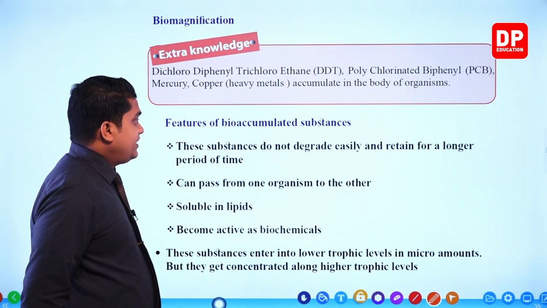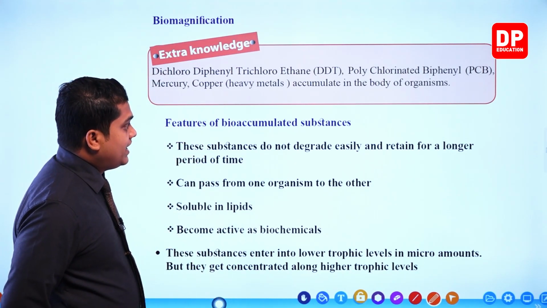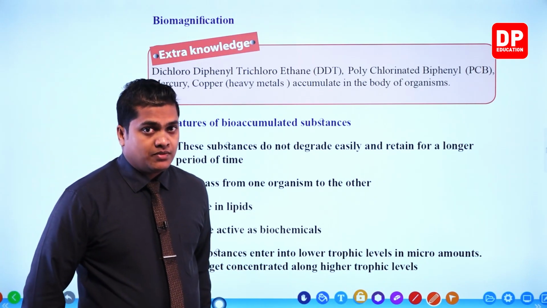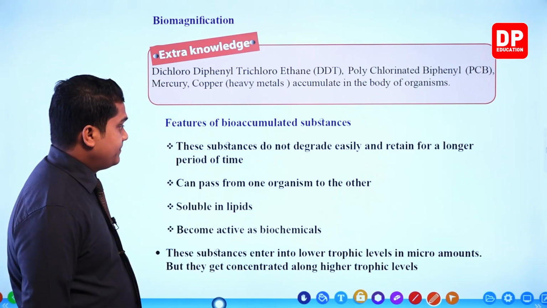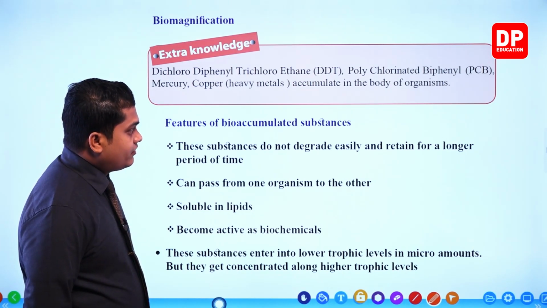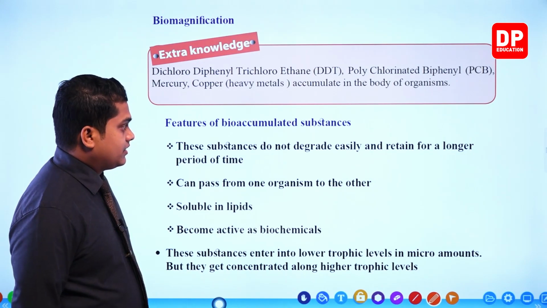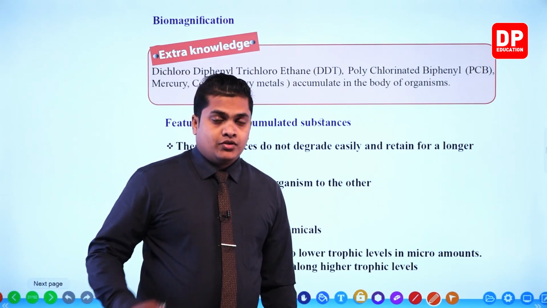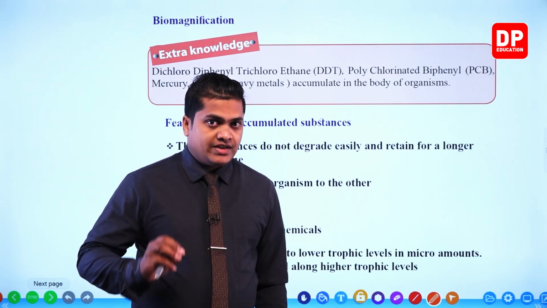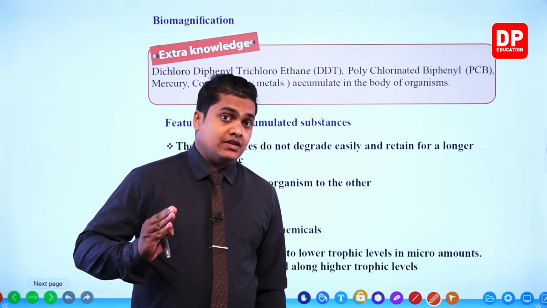Then the special features of bioaccumulated substances. Let's see. These substances do not degrade easily and are retained for a longer period of time, the first and foremost one. They do not undergo biodegradation quickly, so they are going to be retained within the body for a longer time period.